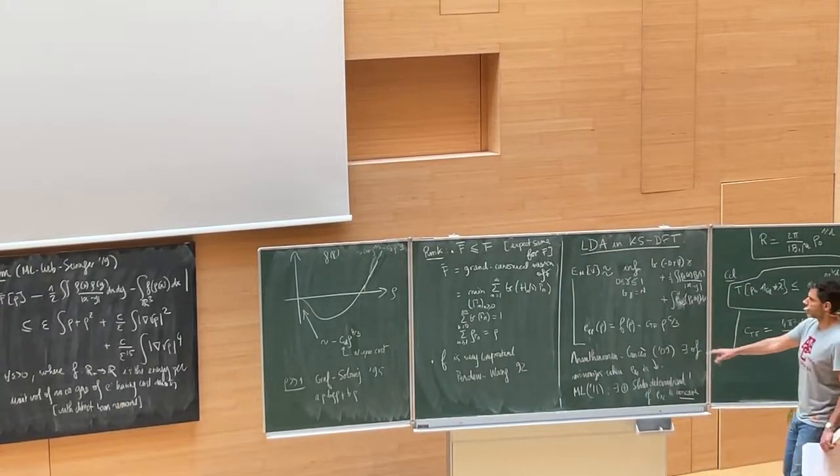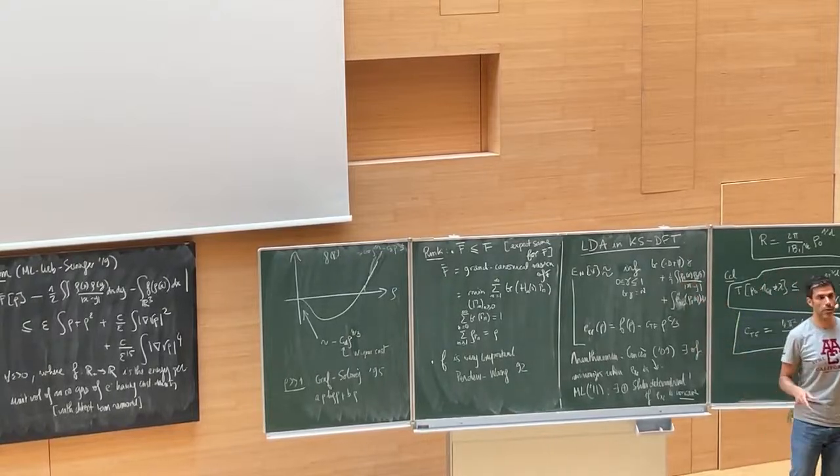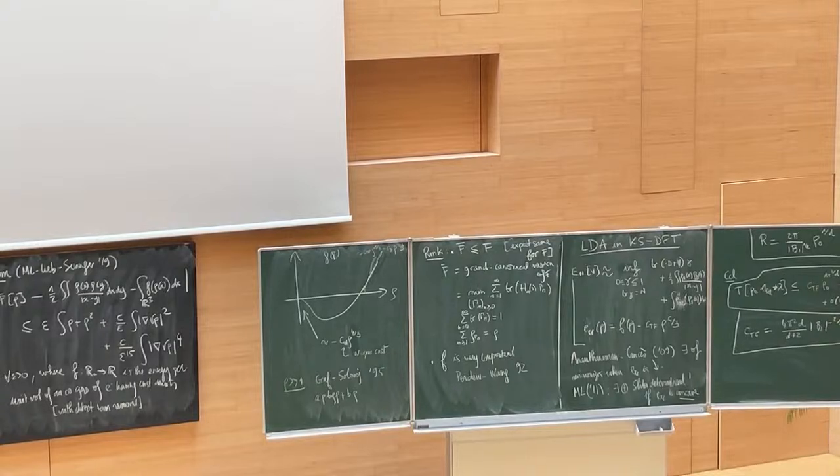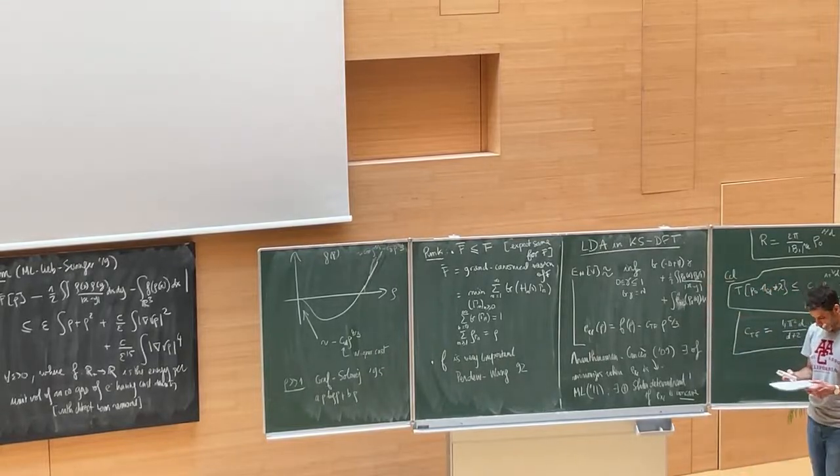When I say existence, I mean it depends on your V, of course. So existence, you look at the case of a molecule. So V is the V generated by a few nuclei, and you assume that N is less or equal than the total charge of your nuclei, and then you can prove existence of minimizers for this problem.